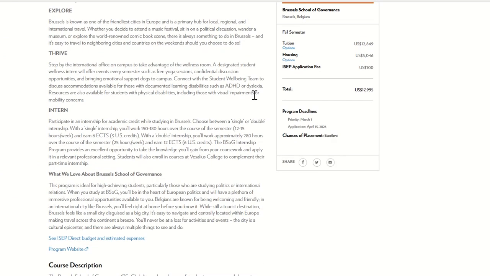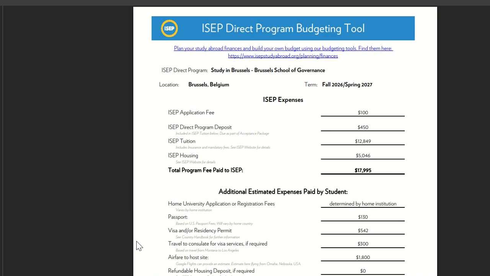ISEP Direct fees cover tuition, health insurance, and, in most cases, housing. Each ISEP Direct program page also has a budget sheet, so you can see all estimated costs for your program. Please note these costs are subject to change based on personal spending habits.